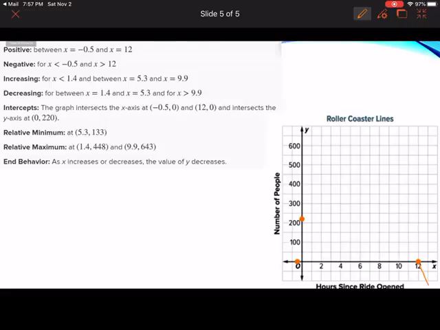So that means we're going to go down these directions somehow. So increasing for x less than 1.4. So that means at 1.4 it stops increasing. So that's going to be right about here.